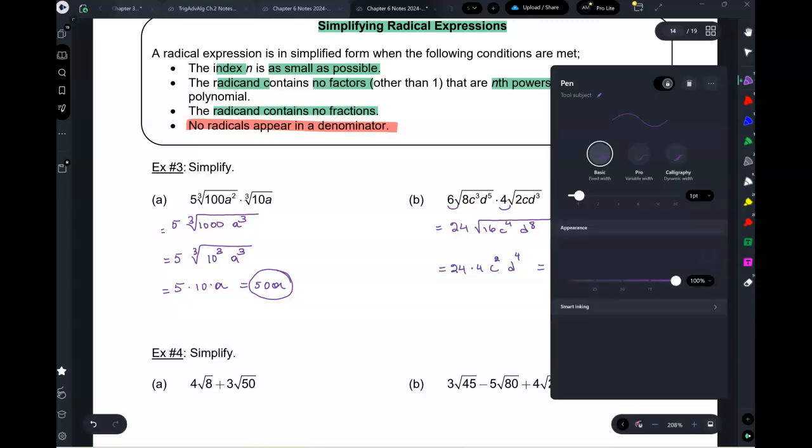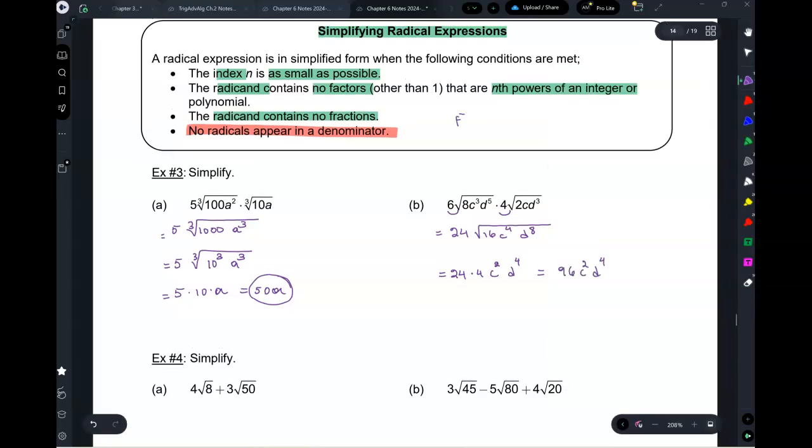So remember, sometimes we would get an inverse that looks like, I don't know, x minus 2 over 2, right? We no longer are allowed to leave it that way because this has a root in the denominator. If I split this up, this is x minus 2 over root 2.